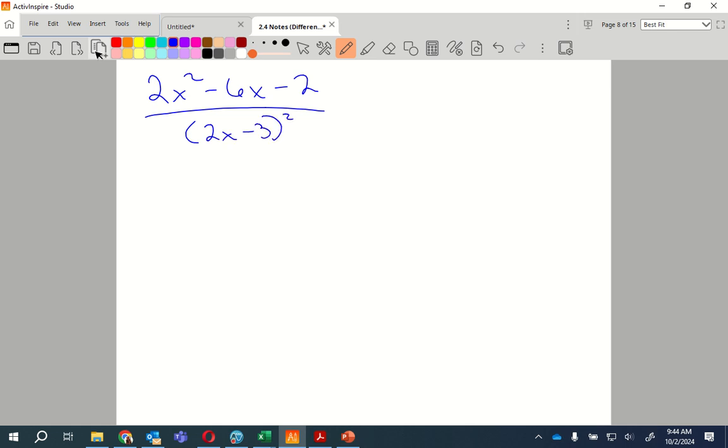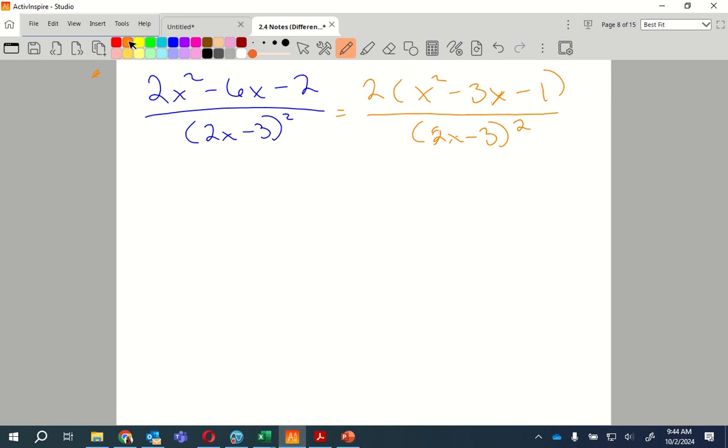Yeah. Okay, good. Alright, changing up colors again. So I'm going to factor out a 2. And I'm left with x squared minus 3x minus 1. There you go.